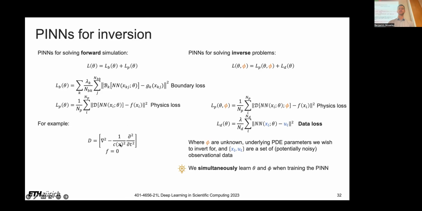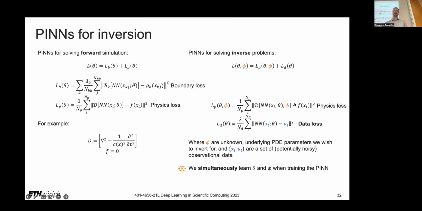We're going to treat c as a learnable parameter in our loss function. In general, our differential operator depends on some underlying parameters that we don't know, and we're just going to say they're learnable parameters, just like the thetas of the neural network are. So as well as optimizing theta, we're going to optimize phi, the parameters of our underlying PDE.